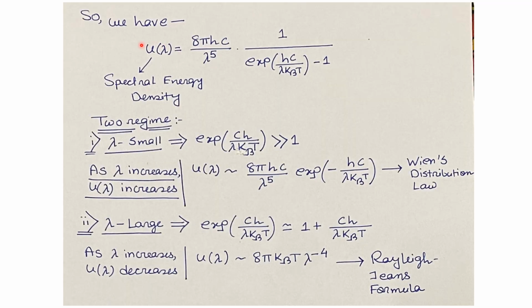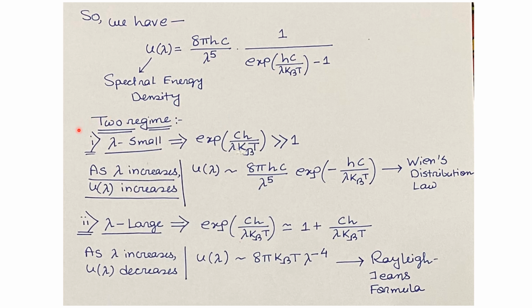So we have the energy density for the radiation field per unit volume, u(lambda), given by this expression. This energy density is also known as spectral energy density.